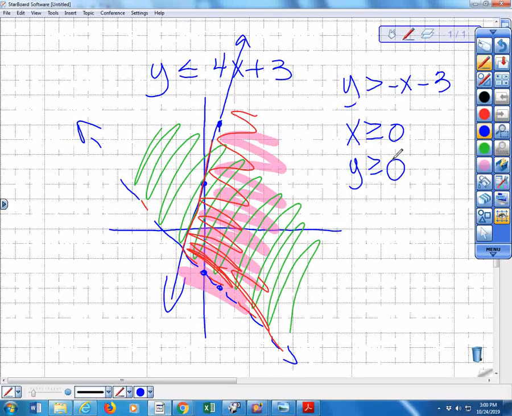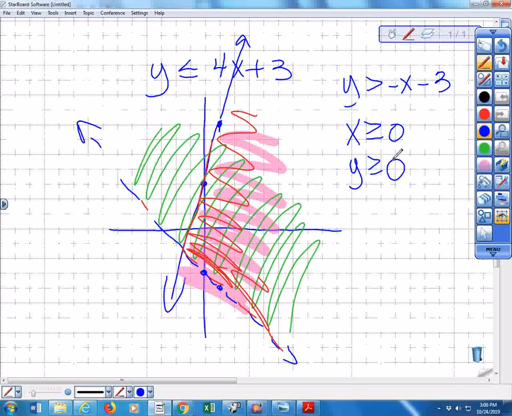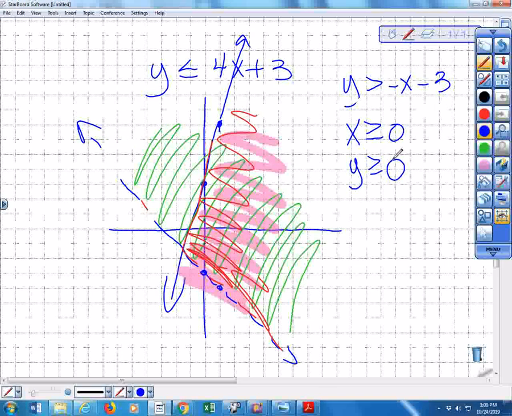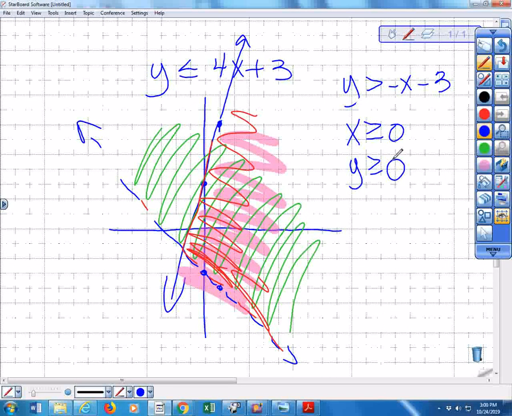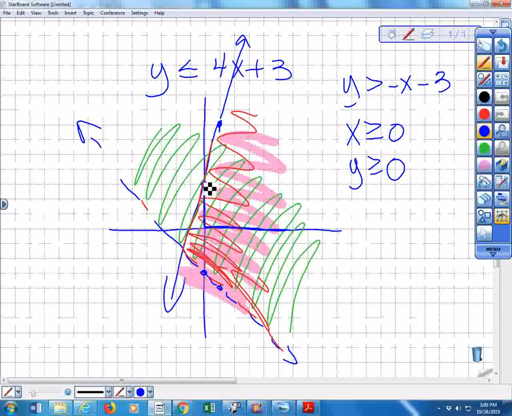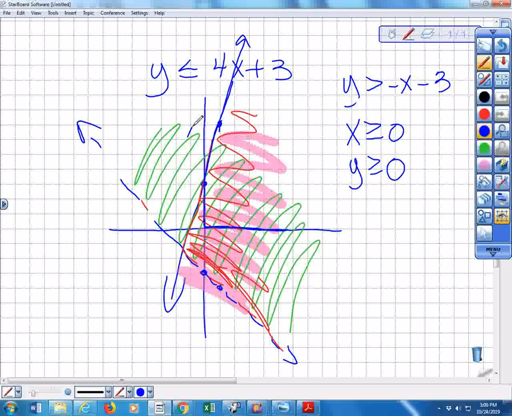So if I say x has to be greater than 0, it's going to be everything here, right? And y has to be greater than 0. So my bounds are going to be this, up here. But in this case, because I don't have a line over here, this is unbounded.